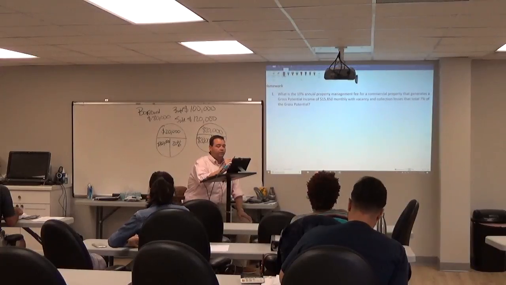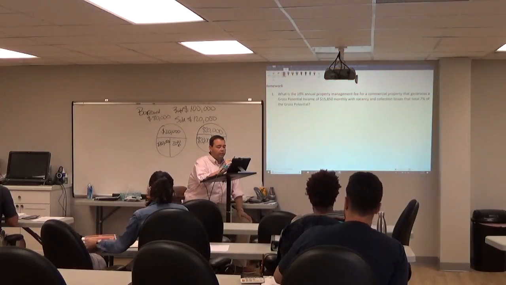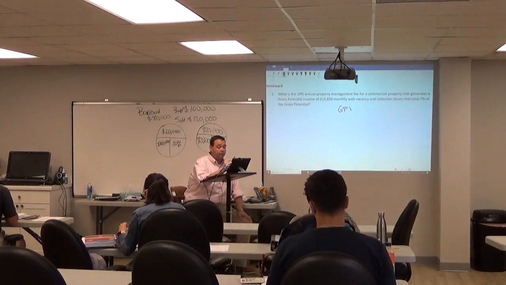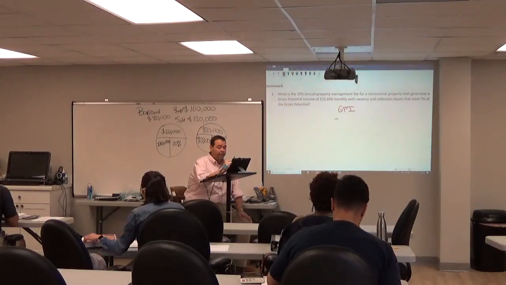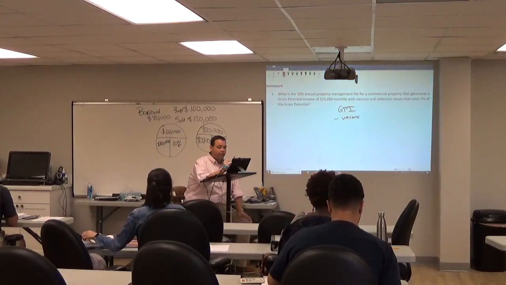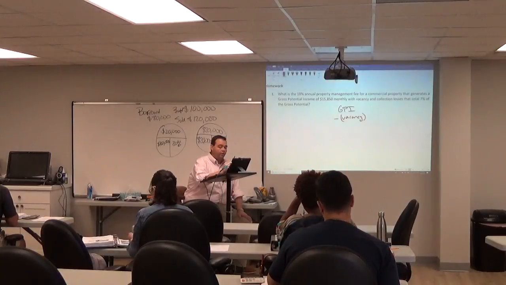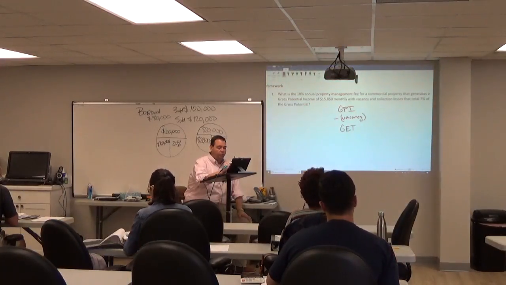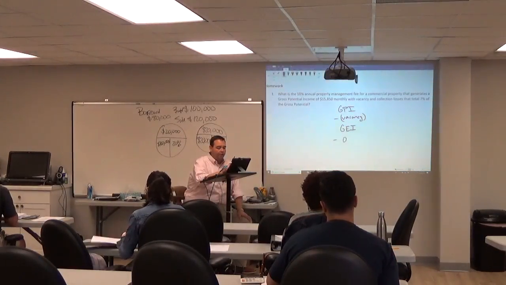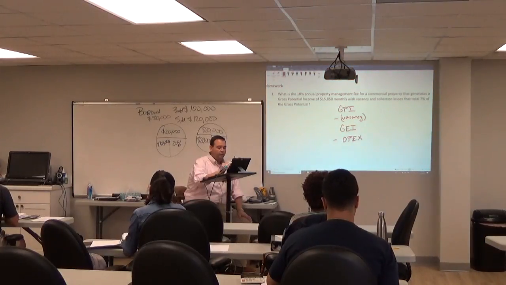So if you think about that formula, the formula is gross potential income minus vacancy, right? Equals what? Gross effective or effective gross, either one mean the same thing, minus operating expenses equals NOI.